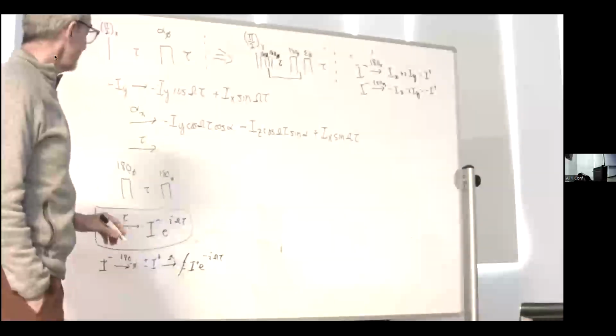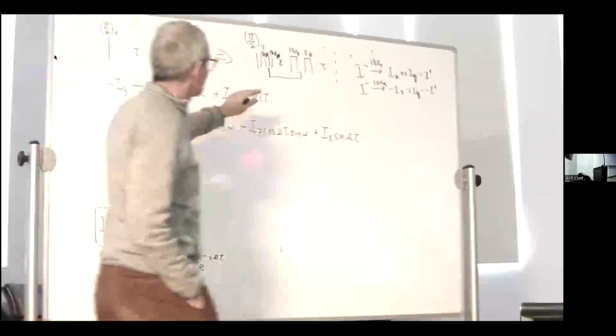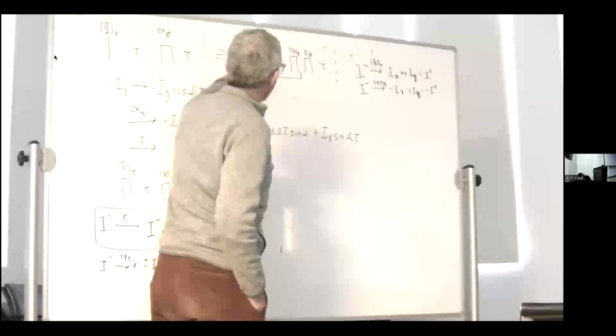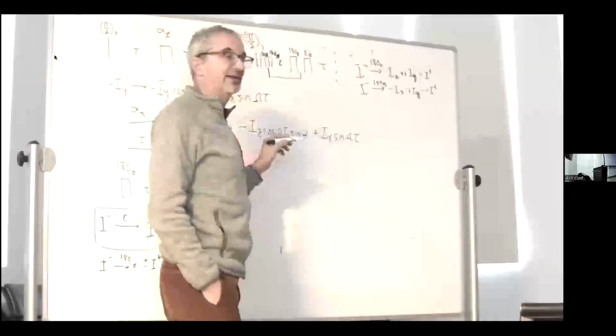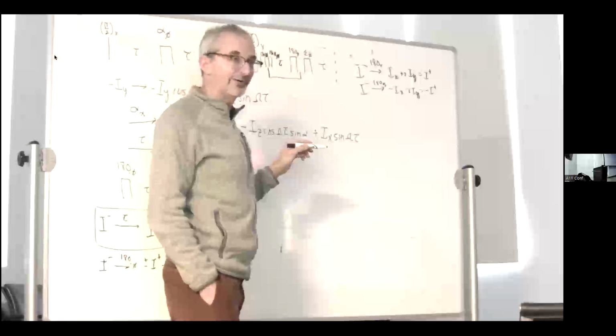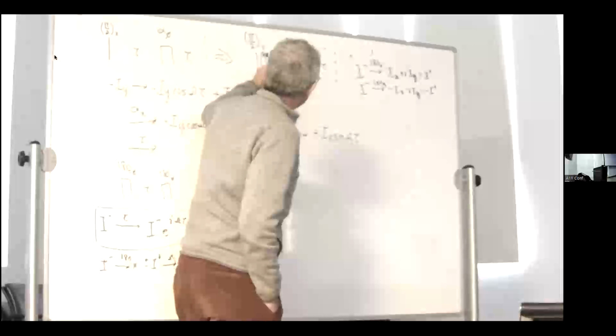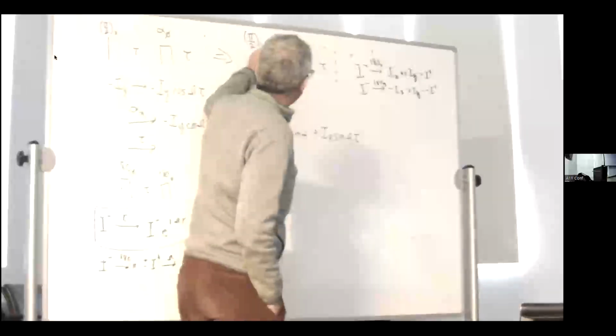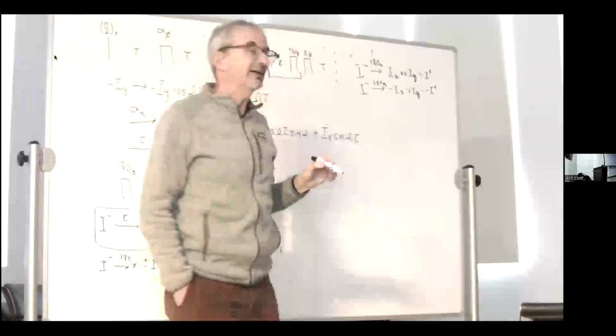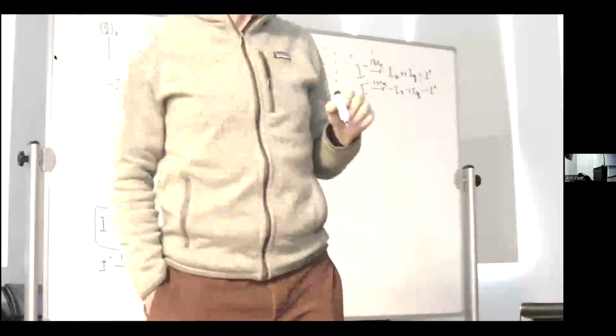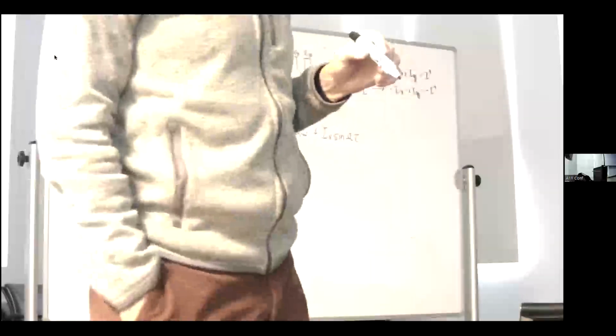So the effect, 180 minus 5, that's obviously an identity operator. So I can stick that in. And now I see that this sandwich, 180 minus 5 tau 185, just reverses the sign of the chemical shift.